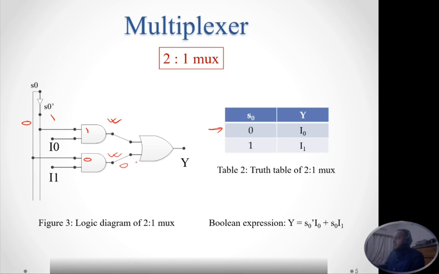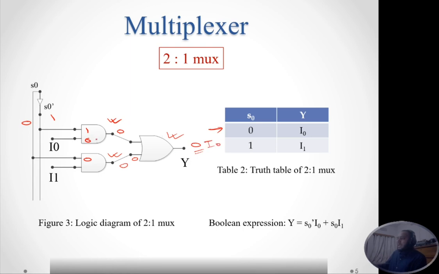That means one of the inputs for this OR gate is always 0 for the first pattern. And for the first AND gate we can see the output is depending on I0. If I0 is 0, then we will get the output as 0, and we will get 0 here because all the inputs of this OR gate become 0 in that case. So we will get the output as 0, which is actually I0.